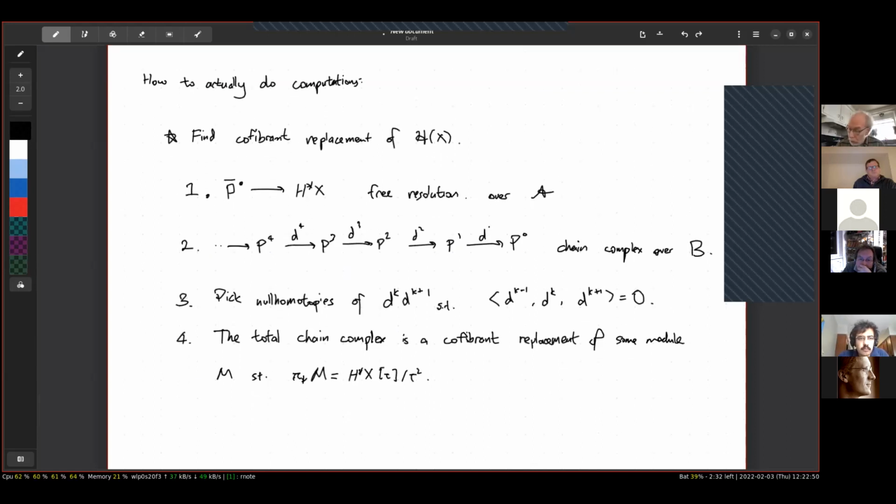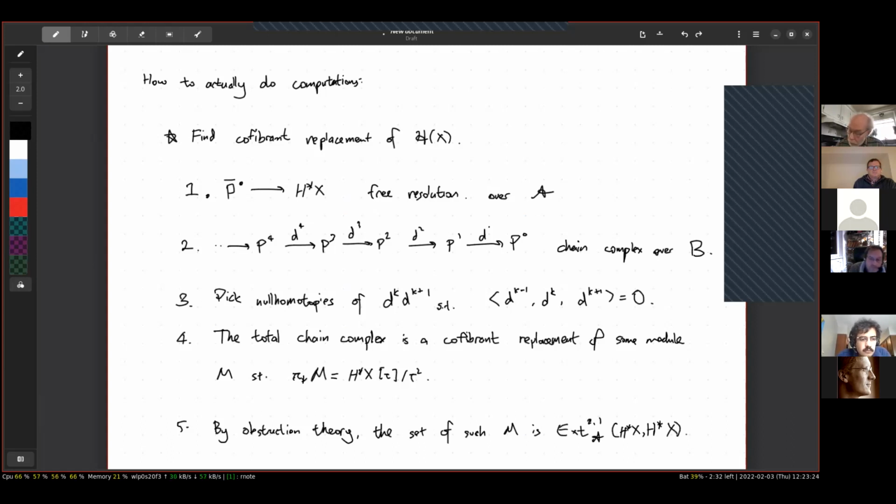We just have to make sure this actually is the secondary cohomology of X. By obstruction theory, the set of such M is Ext^{2,1} over A of the cohomology of X with itself.